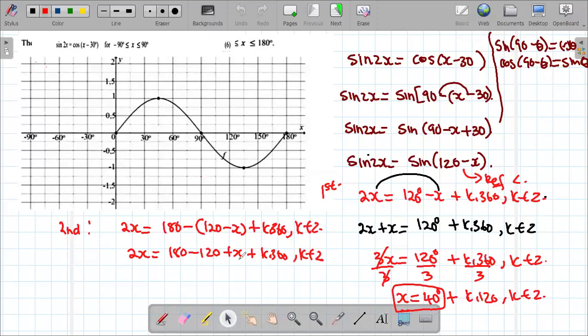Bring x to the other side. 2x minus x equals 180 minus 120, it is 60, plus k 360, where k is an element of integers.